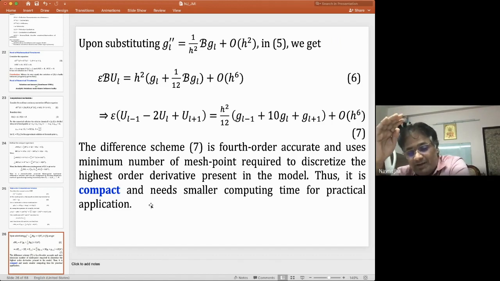Just imagine if we are considering a multi-dimensional problem, how many points are required to discretize a multi-dimensional partial differential equation. That is why if we increase the number of nodes for computation in one dimension or two dimensions, there is not much difficulty in computing, but for three dimensional problems or higher dimensional problems, there is a problem of computing time.